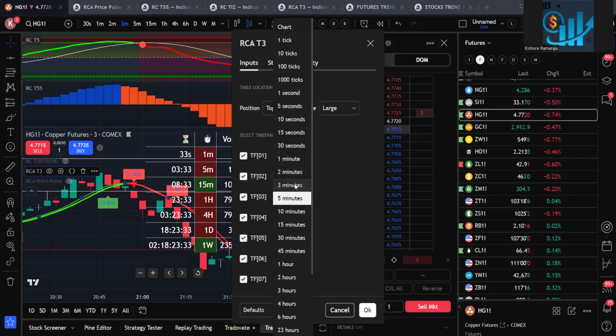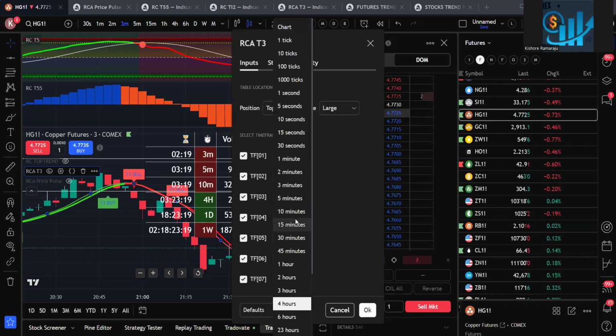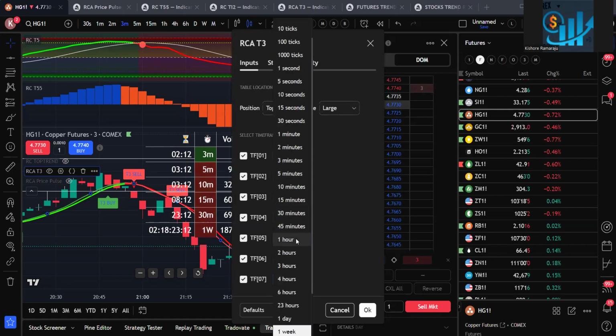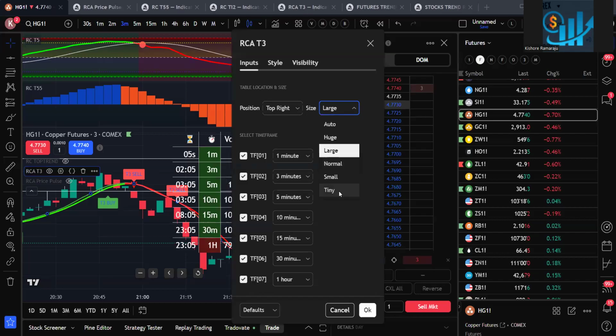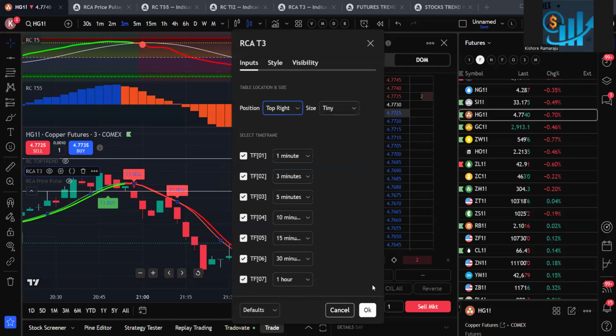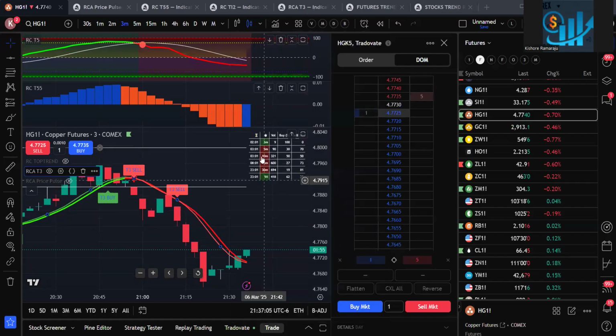If you want, you can change to 1 minute, 3 minutes, 5 minutes, 10 minutes, 15 minutes, 30 minutes, 1 hour, and you can save as default. You can change wherever you want.